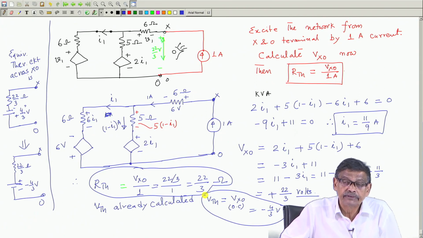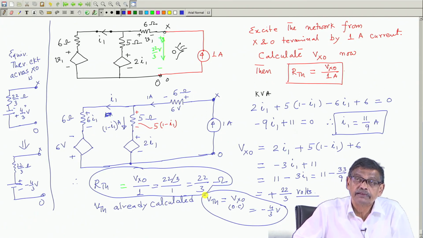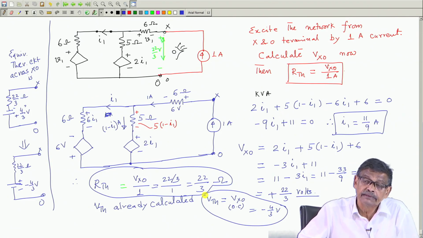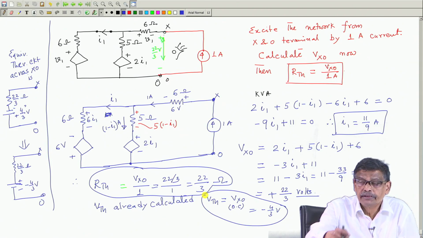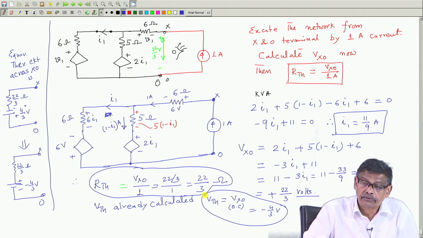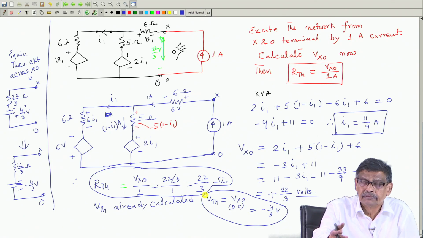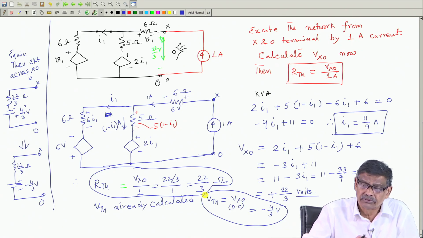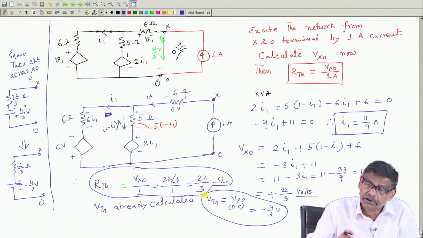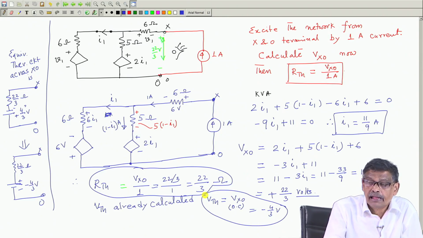Only independent sources should be replaced by their internal impedances and excite the network through the points where you want to find out R Thevenin's with any known source, maybe a current source, maybe a voltage source, it does not matter, but do that and then solve this network.